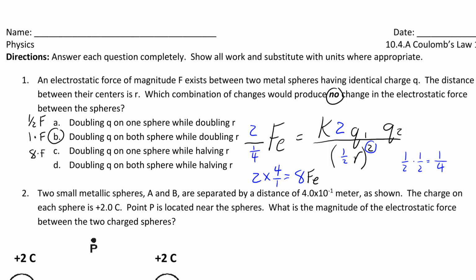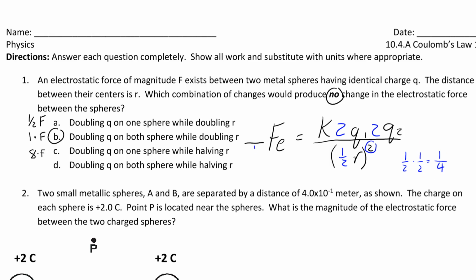But it's not that. It's 8 times as big. We wanted no change. It can't be number C, but you need to know how to do that. So D says you double Q on both spheres while halving R. Oops, I got ahead of myself. So this is 1/2 times R, and I already have this over here. So it's 1/2 squared, which is 1/2 times 1/2.